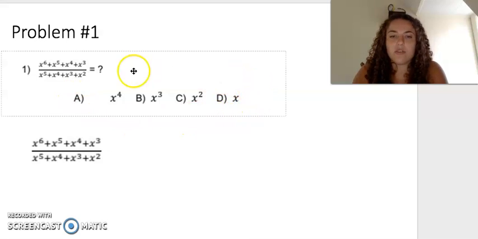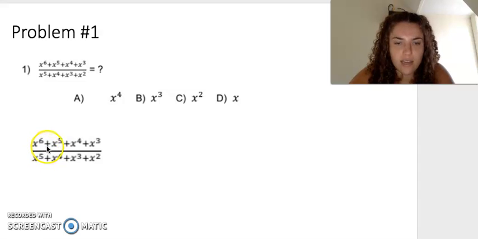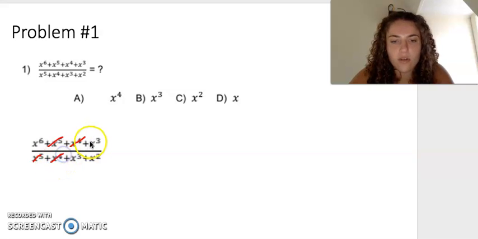It's a multiple choice question, so here are our answers. If you were Joe Bloggs trying to do this really quickly, what you might think to do is cross off these terms and say, okay, there's an x to the 5th on the top and on the bottom, and here's a 4 and a 4 and a 3 and a 3.